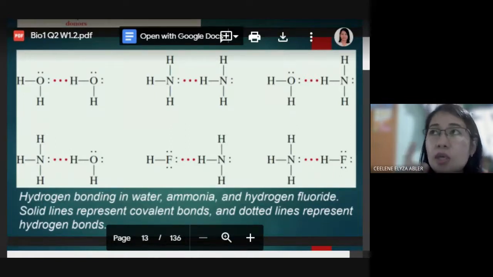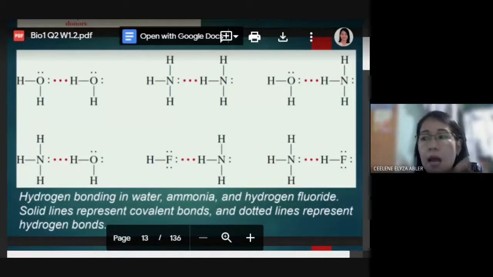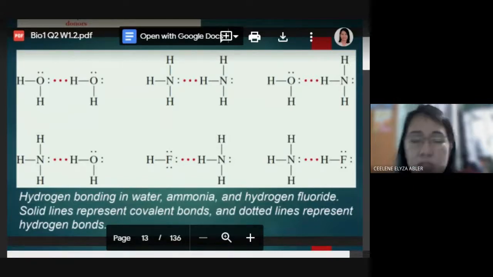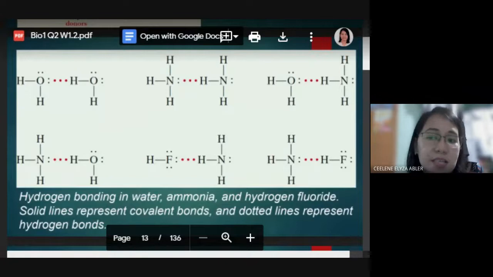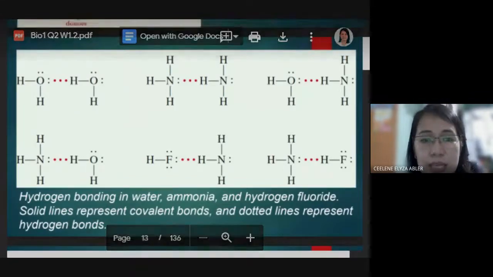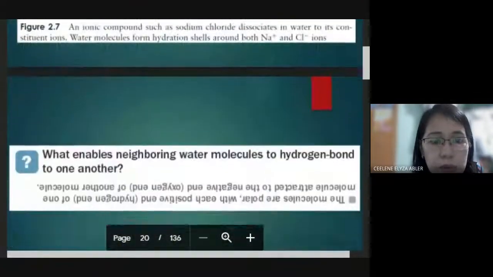Kaya nga yung inyong DNA class, meron yan siyang nitrogen actually. The nucleic acids have nitrogen in their chemical structure. So kaya siya present din si hydrogen as a form of bonding between those molecules. Kaya tayo, very important si hydrogen bonding in biology kasi it's present even in your DNA. Alright? So, meron tayong examples dyan.